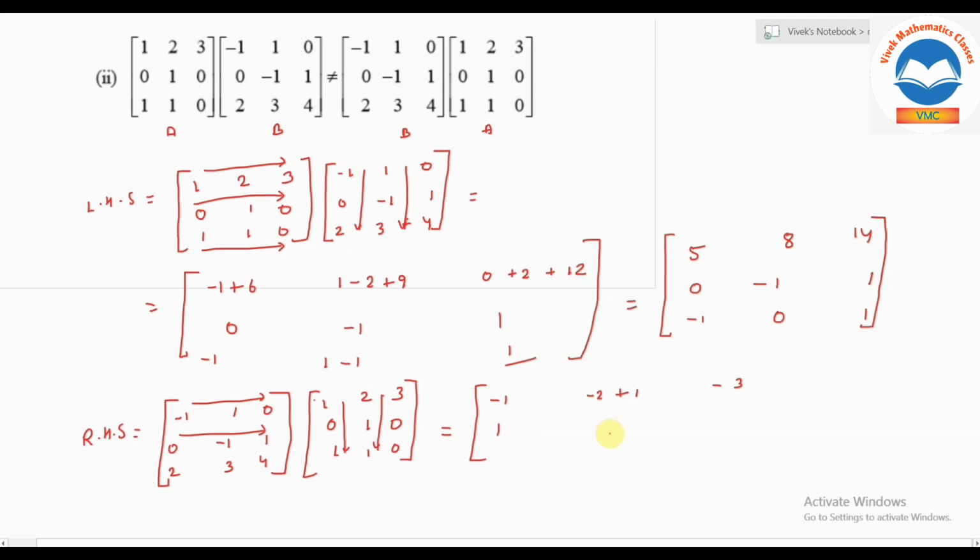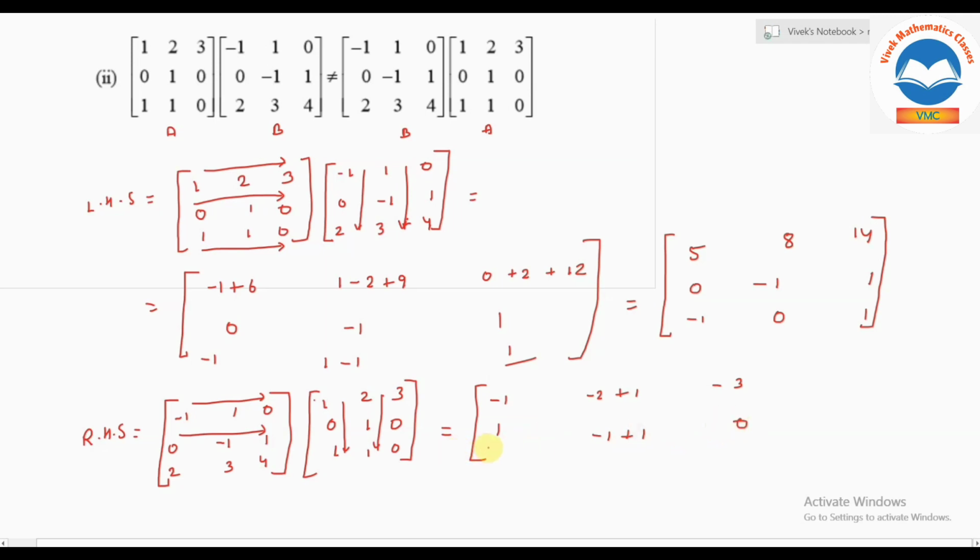Next thing, second row, second column will multiply. So 0 into 2 will be 0, minus 1 into 1 will be minus 1, and 1 into 1 will be 1. And next, second row, third column. So 0 into 3 will be 0, minus 1 into 0 will be 0.